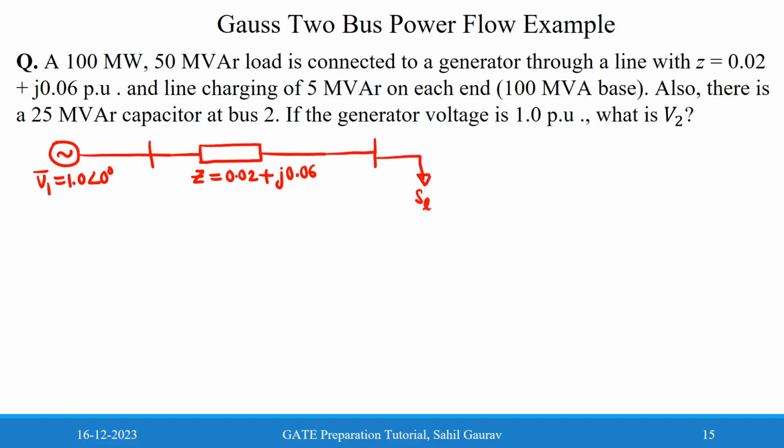S load is given as 1.0 plus j0.5, and this Y cap is given as j0.25.